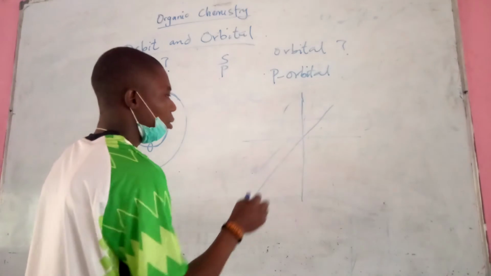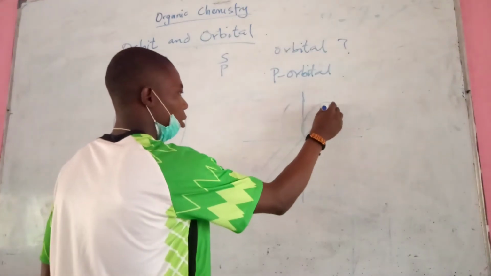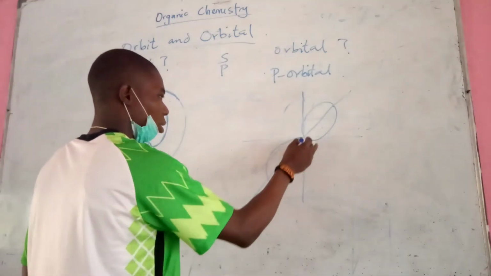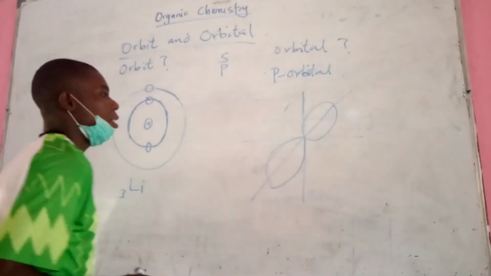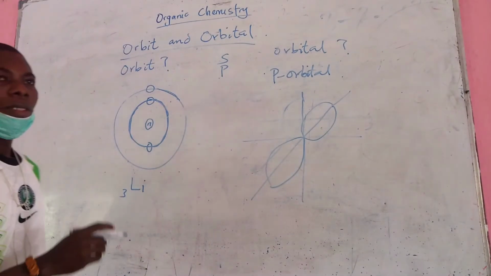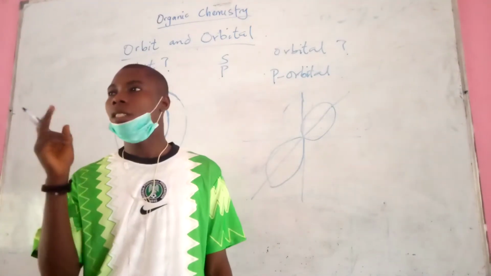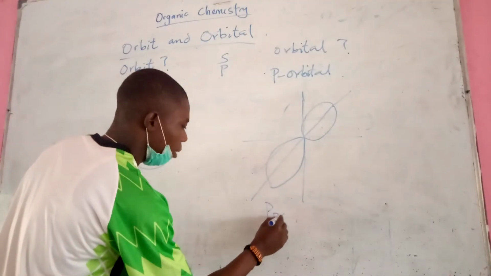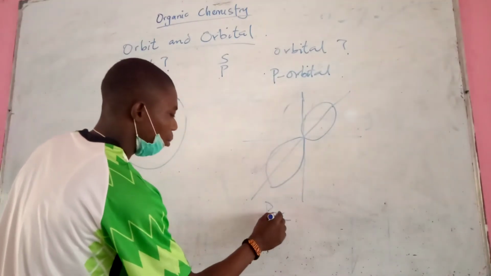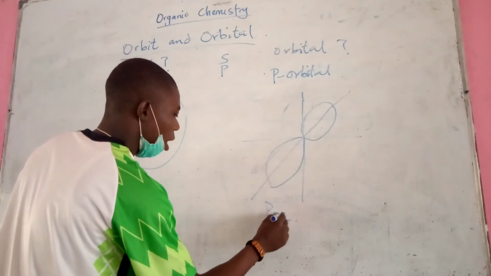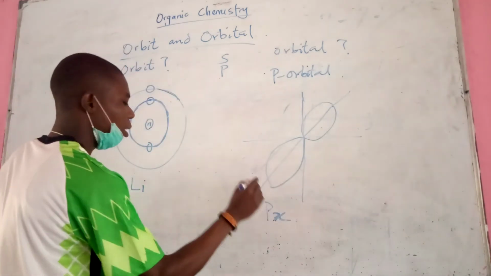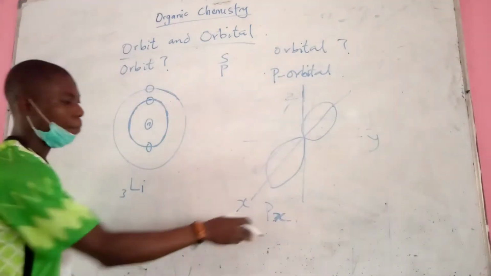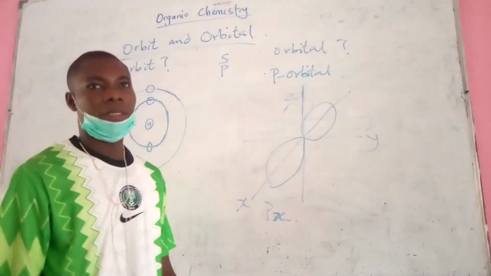For instance, this is a particular P orbital. We have 3 types of P orbitals. We have the px orbital. Px is the first subshell. This is a px orbital.